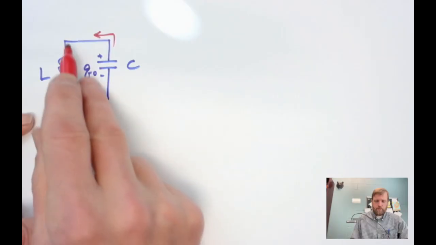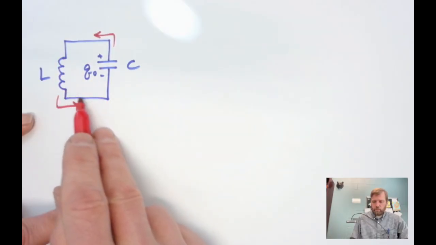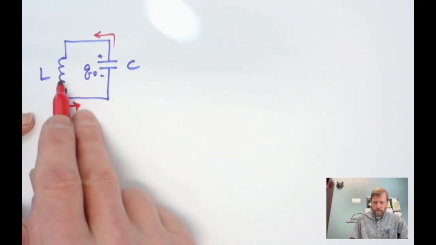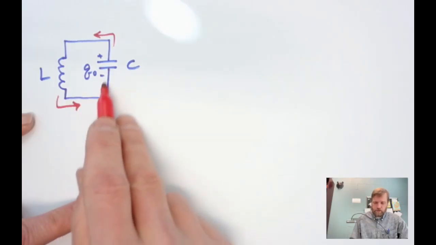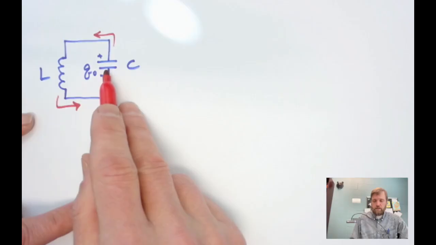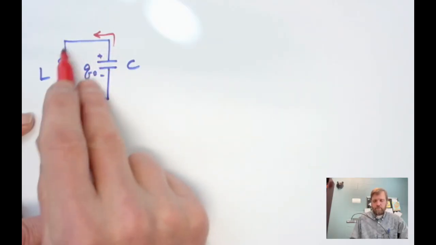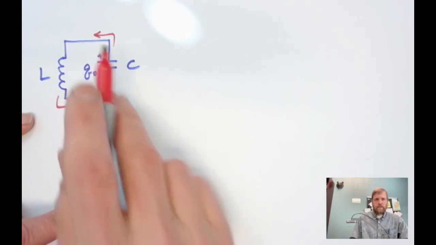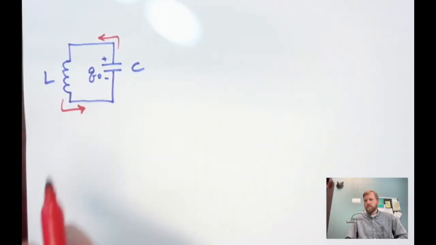Then the current will carry through until it charges the capacitor up backwards from what this is, and then it'll go back and forth and back and forth. So these kinds of circuits allow you to get oscillations.